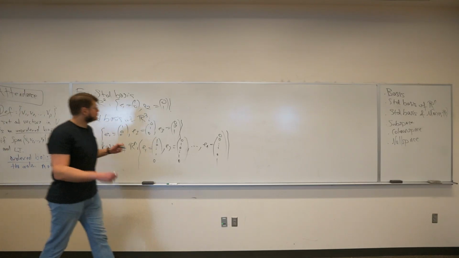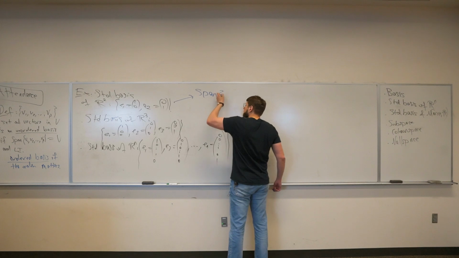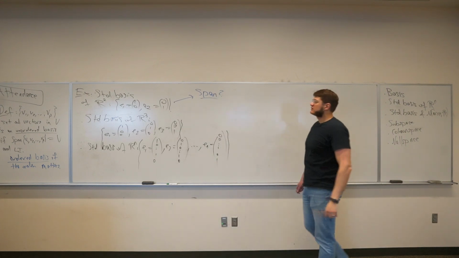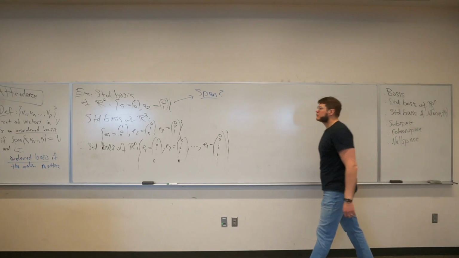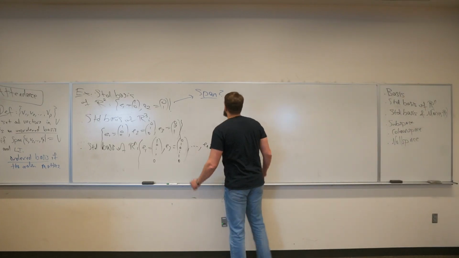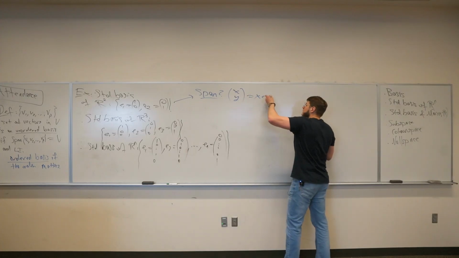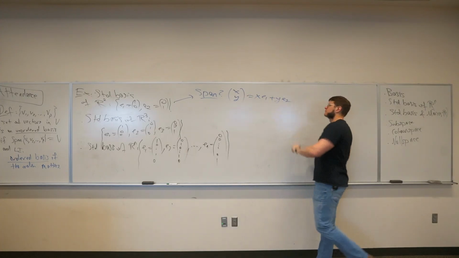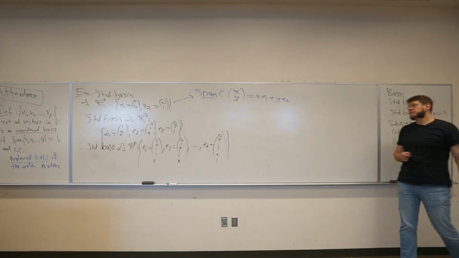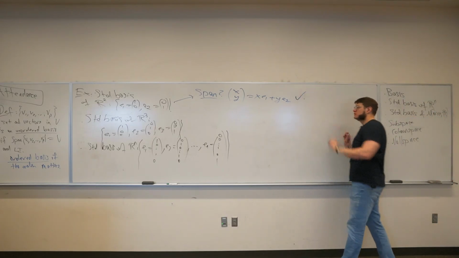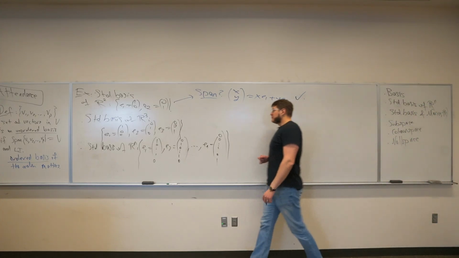We had in fact done this before. Using only these two vectors, can I get to any place in R2? Well, yes. If I take a general vector (x, y), this is x times E1 plus y times E2. So the span of E1, E2 is R2. How about linear independence?